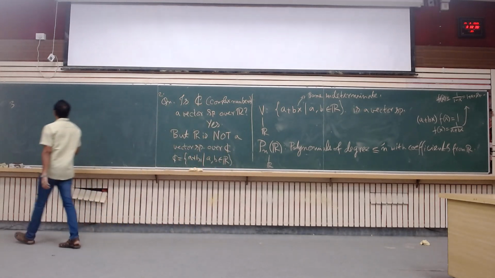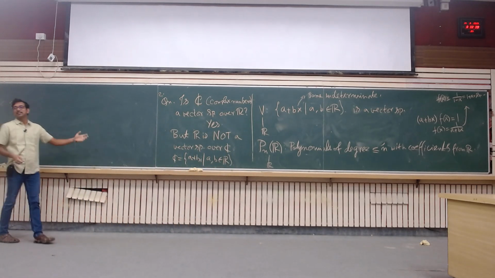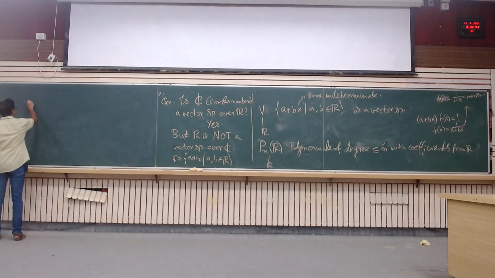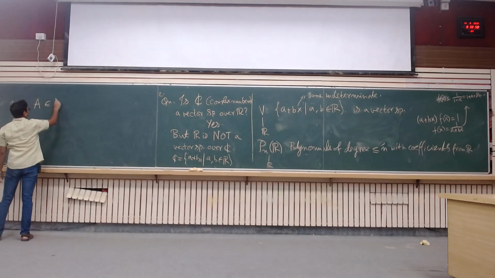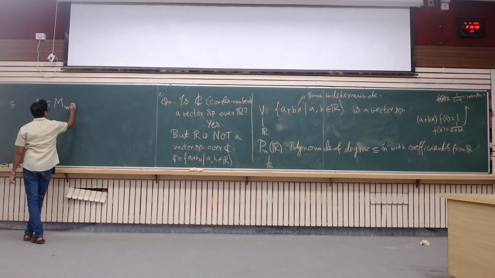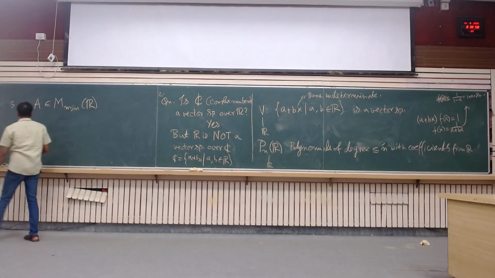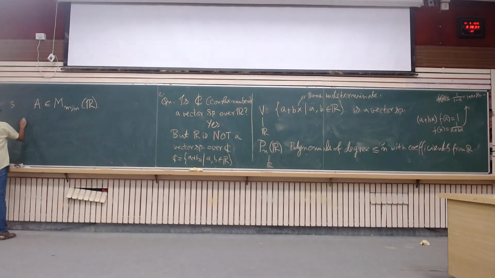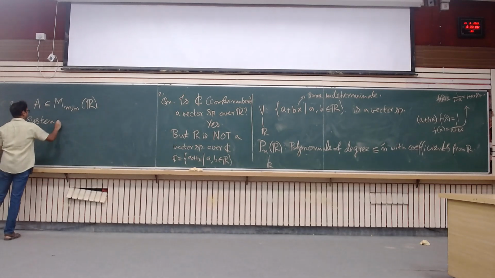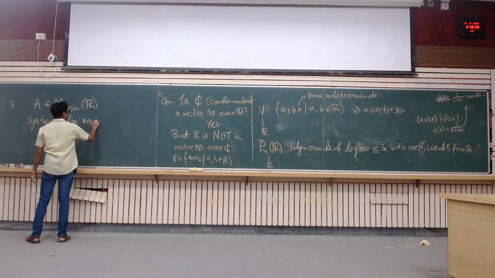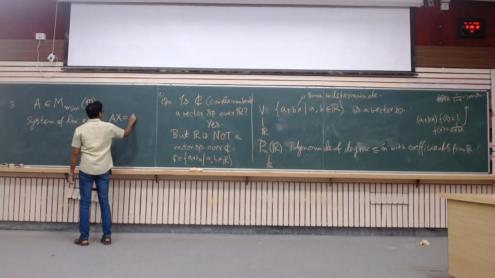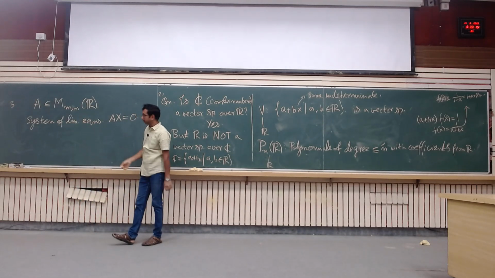But now consider the solutions of, let's say, you are given an n cross n matrix A over real entries, or in some field, and then consider the system of linear equations Ax equal to 0. That is the system of homogeneous linear equations.